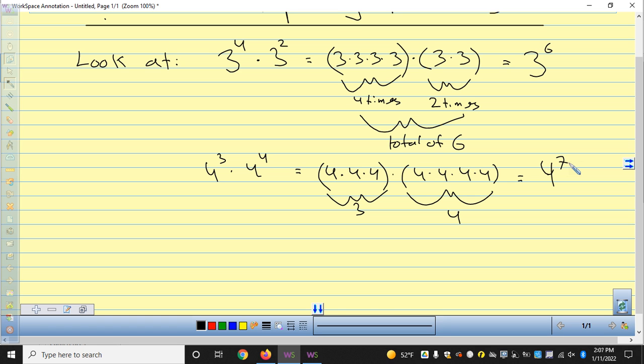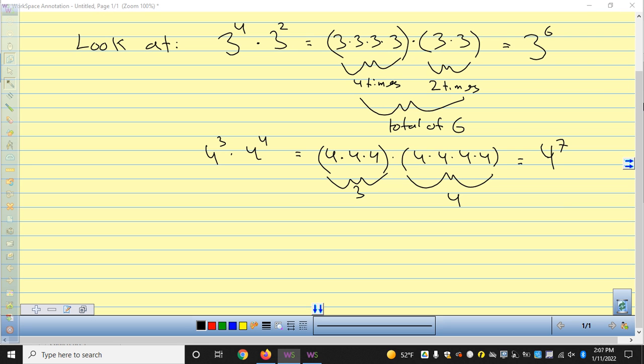So do we see what's happening with those exponents? Not that hard to see, I hope. When we multiply powers, we add the exponents. So that's going to be our rule. And I'm going to add one little thing. Our powers need to have the same base.